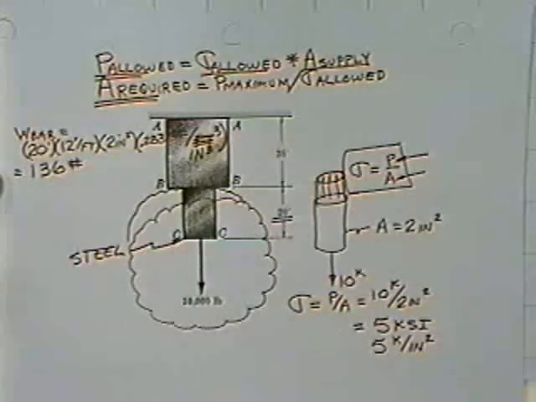So on top of the 10,000 pound force, which didn't cause a lot of stress already, steel's probably good for 20, 30 KSI, we're adding a mere 136 pounds, and that's why many people neglect the weight of the structure.